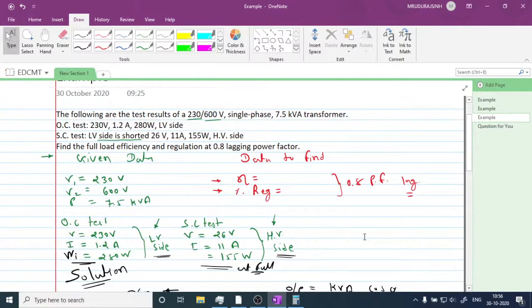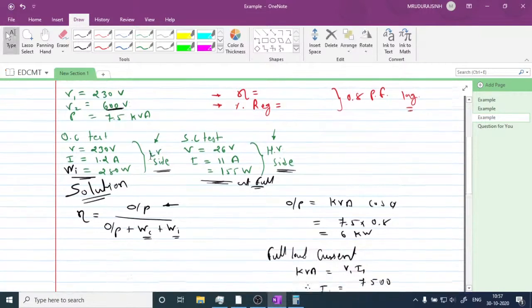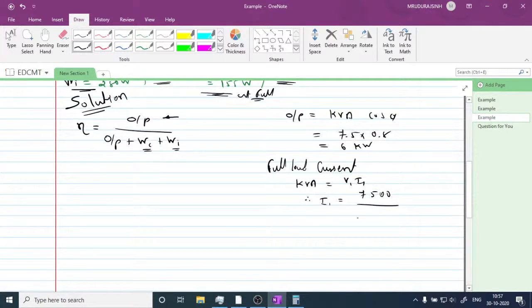The primary voltage is 230 volt, but the reading we are getting here is referred to the HV side, and we want to calculate the current referred to the HV side, and the voltage of the HV side is 600 volt. So in this example, the voltage we are going to take is 600 volt, because we want the current of that HV side.